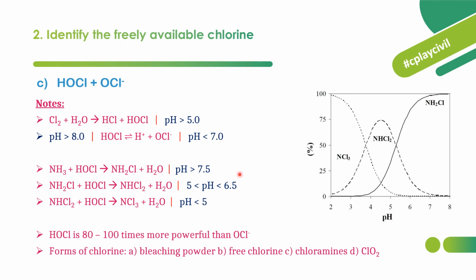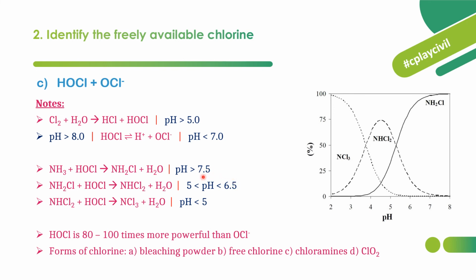And when the water contains ammonia, that is NH3, then ammonia will react with HOCl to form chloramines. First, ammonia reacts with HOCl to form NH2Cl. This will happen when pH is greater than 7.5.